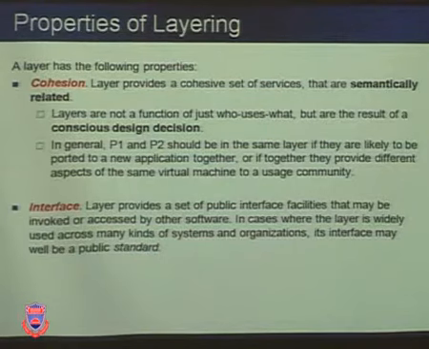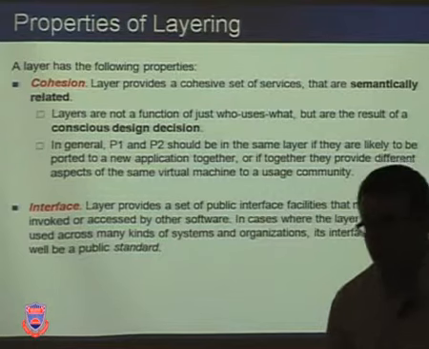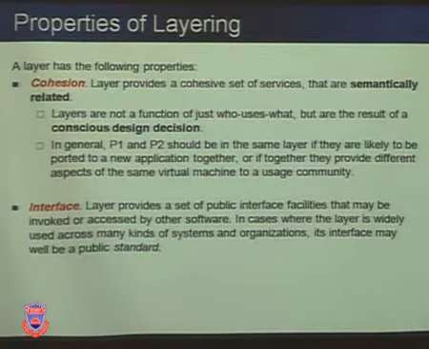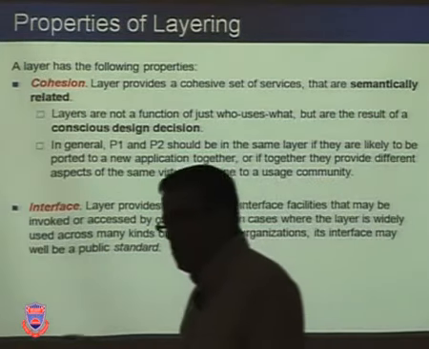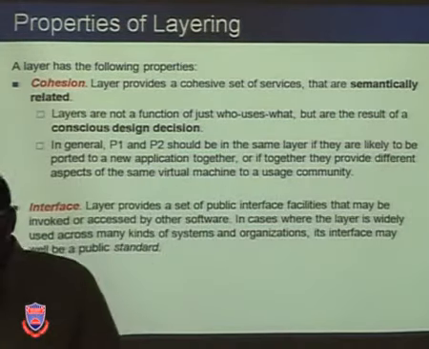They apply to the same kind of concern. Layers are not a function of just who uses what. That's not the criterion here, but are a result of conscious design decision.